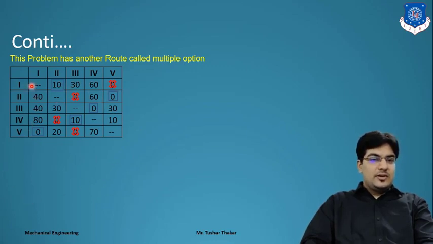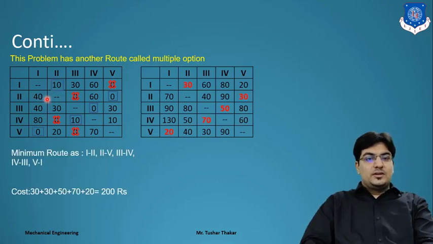Bus route 1 to 2, 2 to 5, 3 to 4, 4 to 3 and 5 to 1. Ultimately it starts and makes one circular road covering all the areas. The value is the same, 200 rupees.